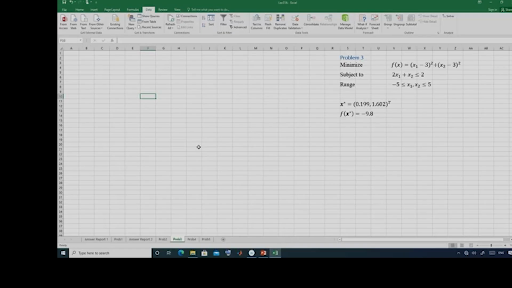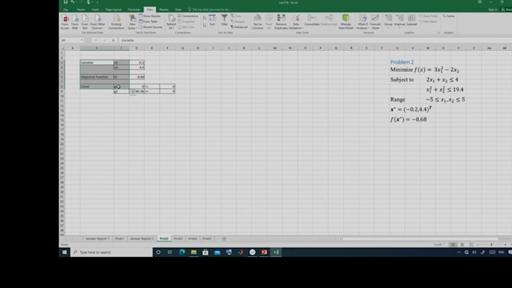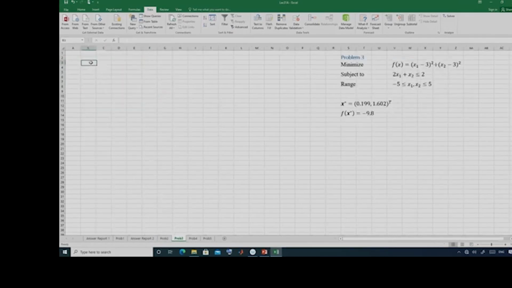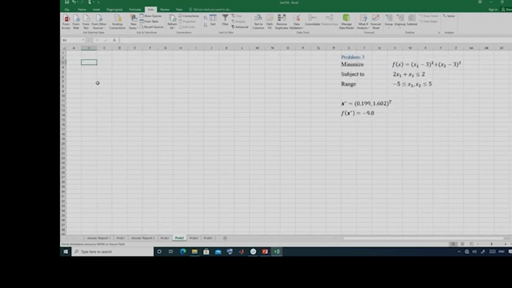The third problem, we have one objective function and one constraint. So, let us solve it. Before that I would like to copy this portion.